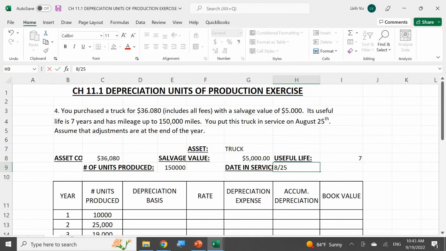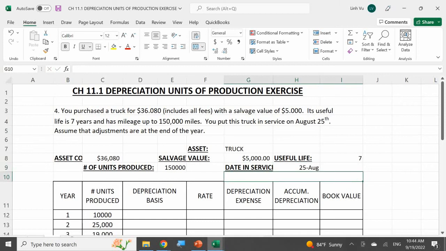No. What month would I depreciate it? September. You would depreciate it in September because you only used it for 5 days in August. Is that even worth recording? No. So in this case, you would depreciate it as of September.